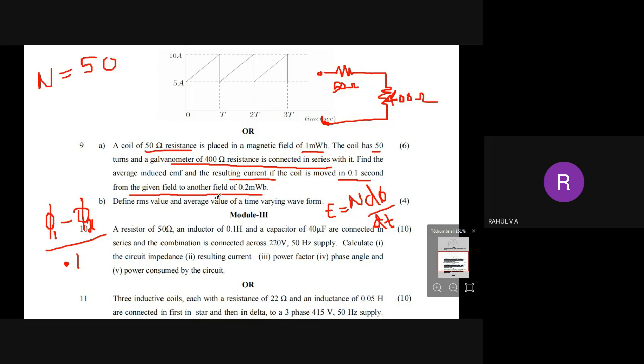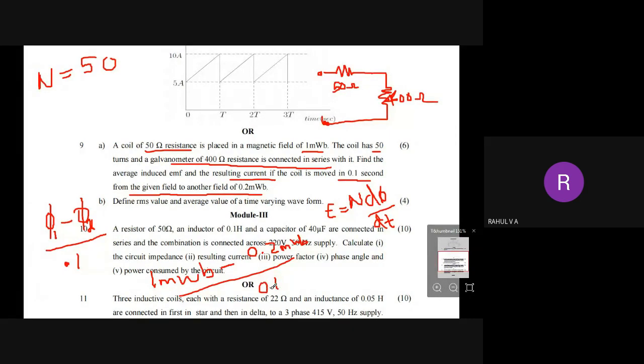Initially the coil is placed in a magnetic field of 1 milliweber, and then they have moved this coil to a magnetic field of 0.2 milliweber within 0.1 second.